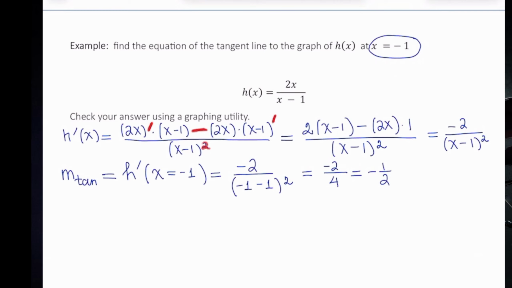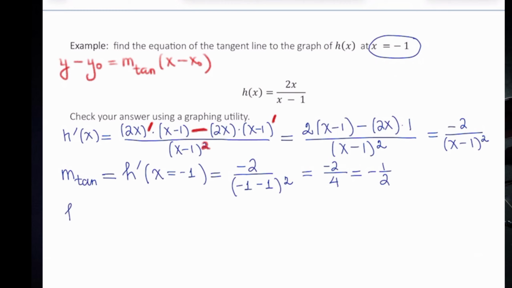Okay, and the last step is to apply the equation of a line that goes through a point and a slope, right? So y minus y null equals m of tangent times x minus x null. Do we have our point? Well, we can find the y coordinate. We have the x coordinate, which is -1.